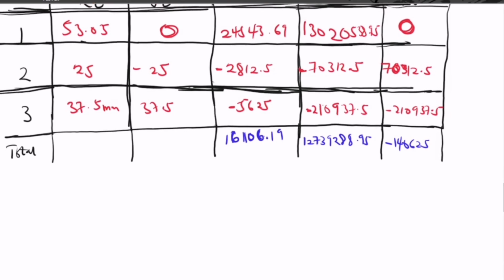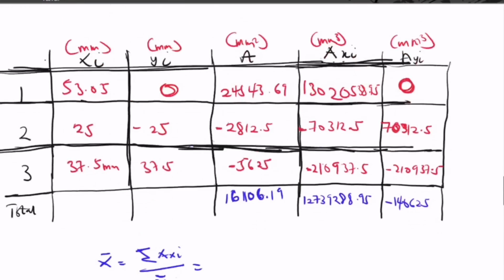That is the centroid. So for x bar, you know that it will be the summation of Axi over the summation of area. So in that case, where is Axi? You go back to Axi. So we know that this is Axi.